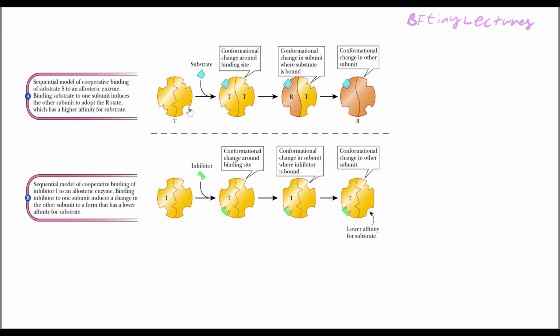Okay, so let's imagine that we have a T enzyme and it's in a relaxed state. So let's just put sequential first. What's going to happen is that the substrate is going to bind to the tight enzyme, and it's going to do a series of reactions that converts half of the enzyme into a relaxed state.